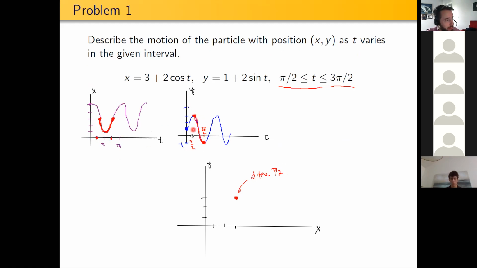And the y-coordinate is going to be here at this midpoint, and that's also at a height of 1. That's because our x-coordinate has sunk 2 units, and our y-coordinate has also sunk down 2 units. So at time pi, we will be at the point 1 comma 1.